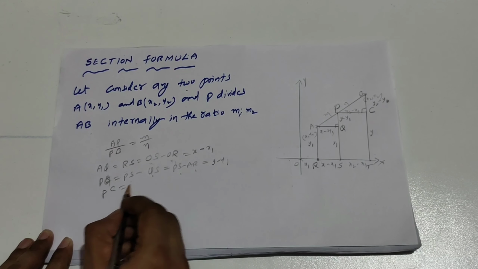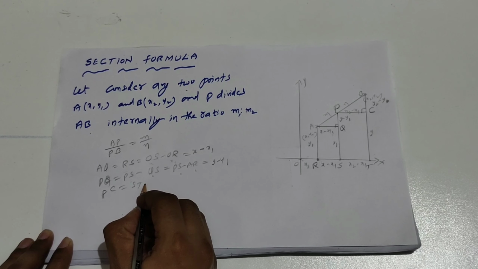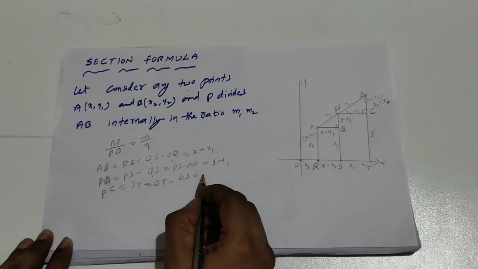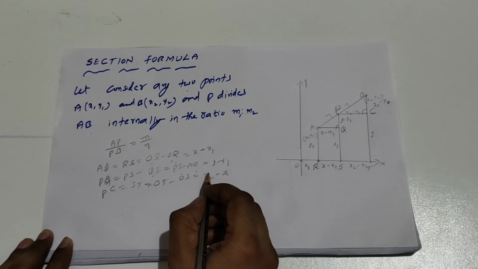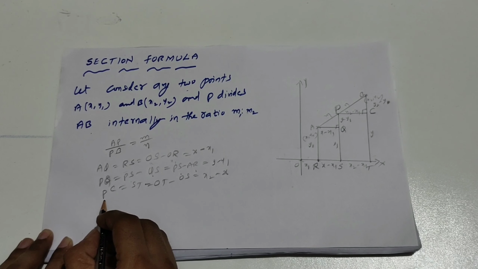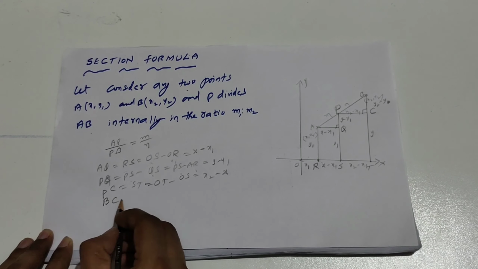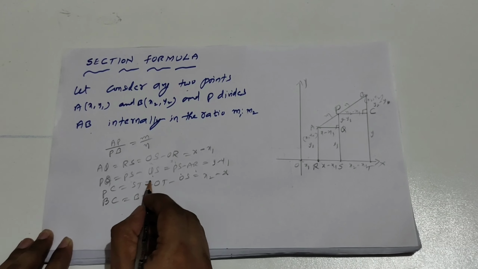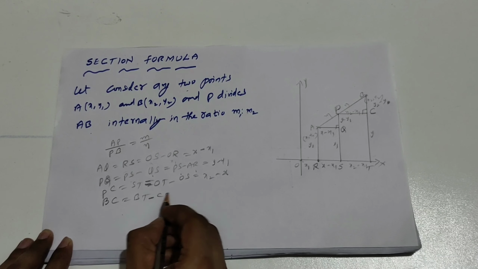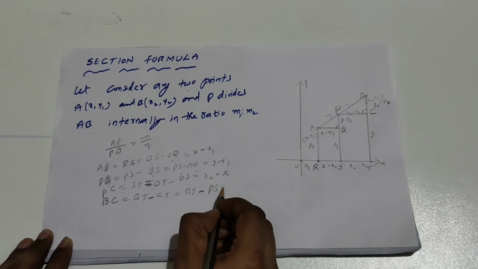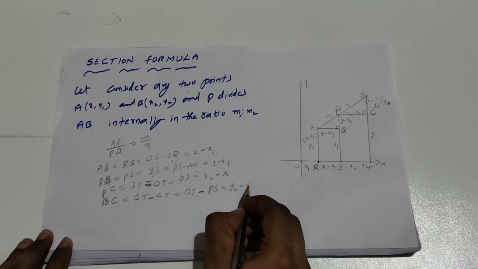And PC is equal to ST, that is OT minus OS, simply x2 minus x. And next BC is equal to BT minus CT, that is BT minus PS, y2 minus y.